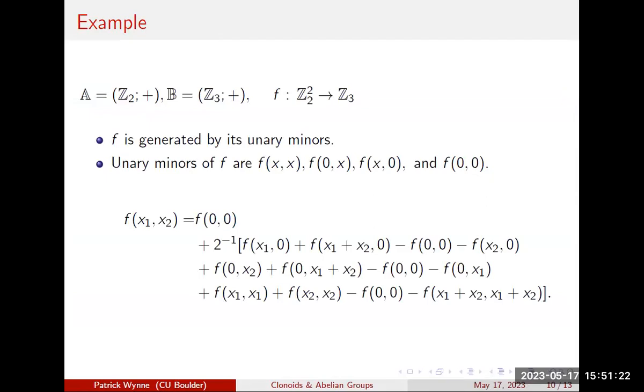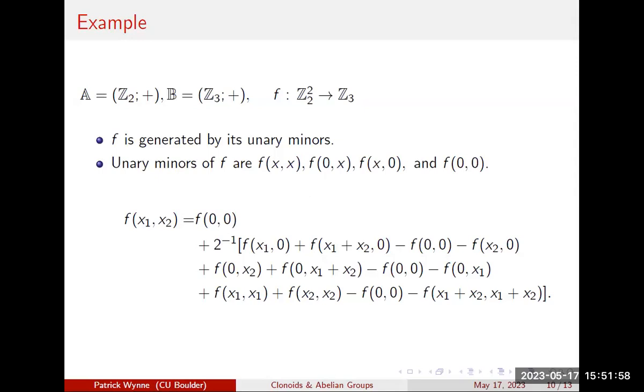So now here's the equation showing that f can be reconstructed from these unary functions, and inside of each of these unary functions is a term function of our algebra A, which of course is just a linear combination of variables, and then we can take linear combinations of those new functions. So we compose on the inside with some linear combinations in Z2, and then on the outside with some linear combinations in Z3.